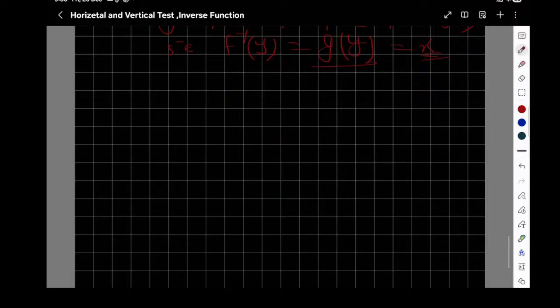Now we have to discuss the theorem of the inverse function. So this is very simple.